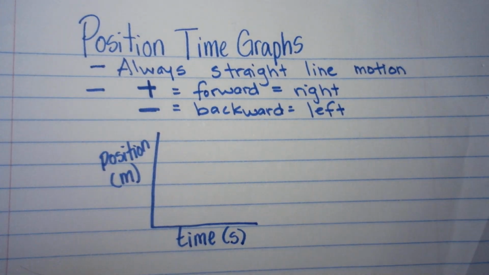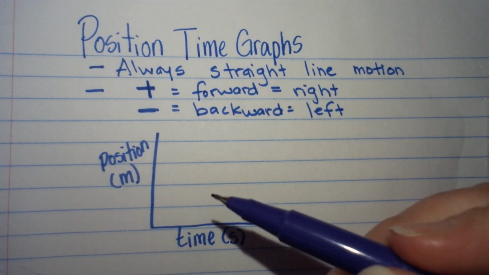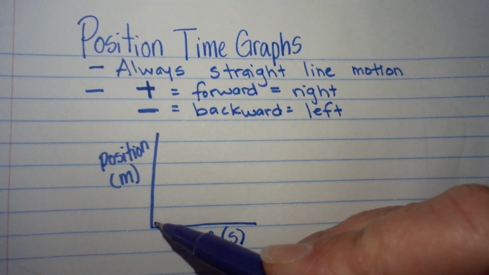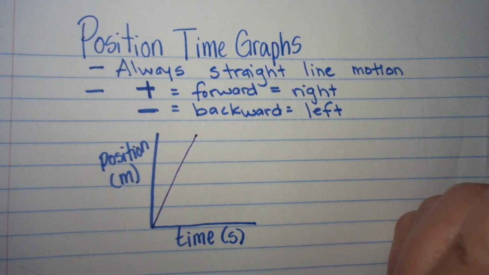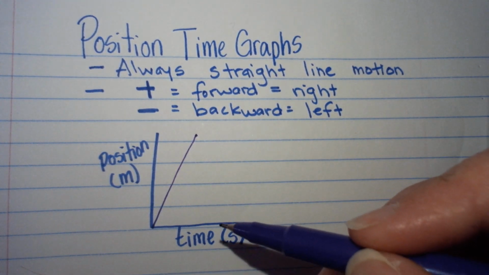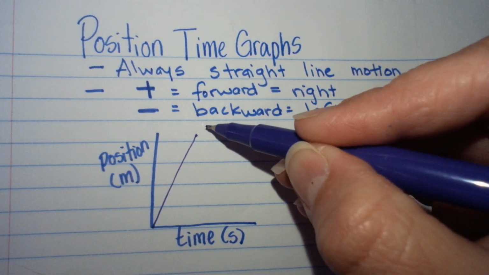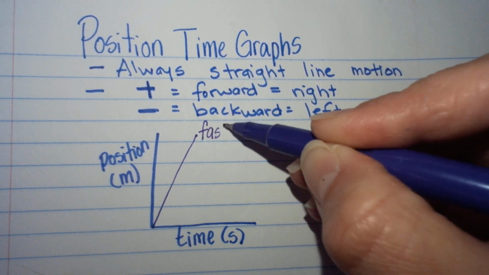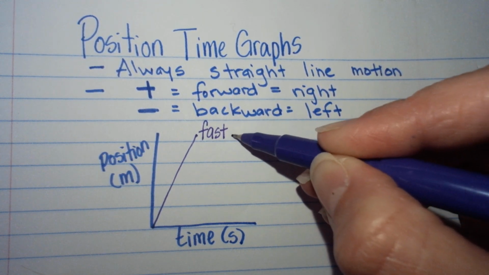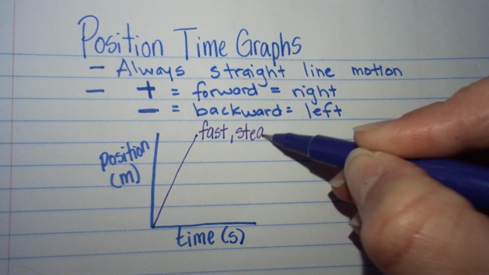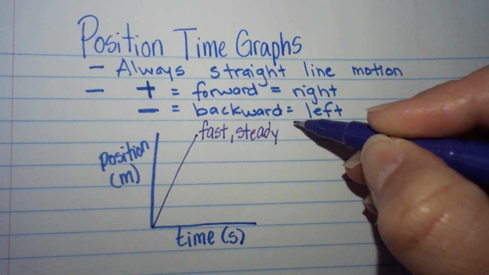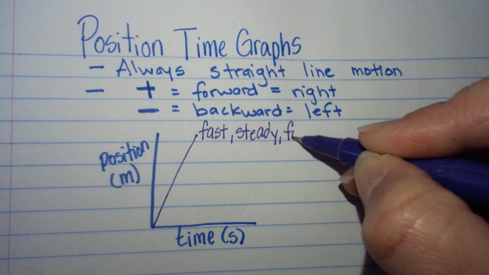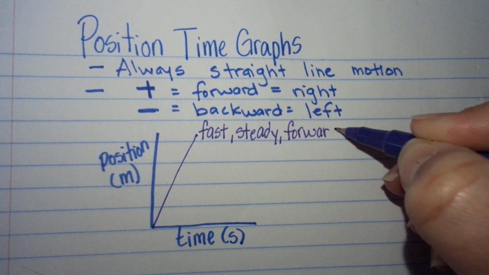Okay, so let me pull up some different colors so you can see. Okay, if I have a line that is straight and has a very steep slope, that line is moving fast, steady, and forward.